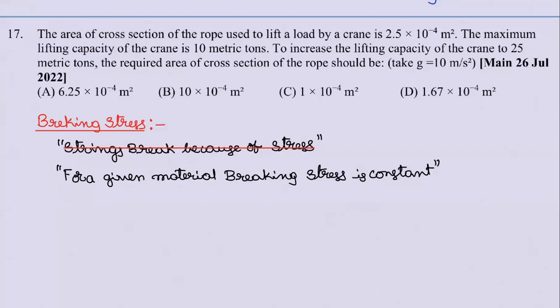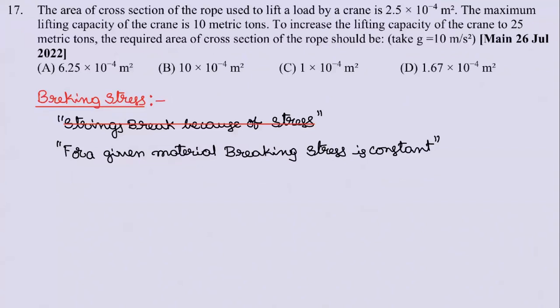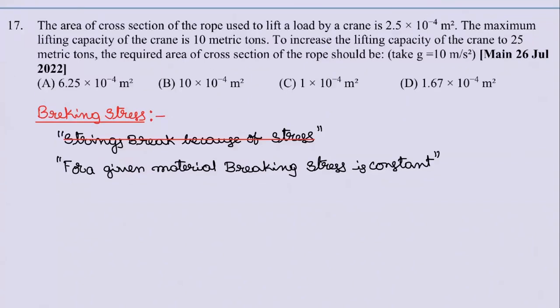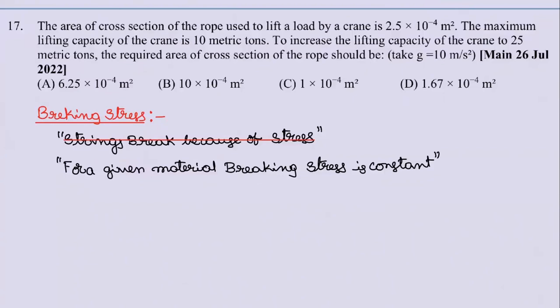Okay. So the core idea is that stress is the same. First case, second case, stress is the same. So what is the first case? Force is 10 metric tons. F1 by F2 is equal to, observe, concentrate here. Stress is the same. Stress is force by area. When stress is the same, it's simple proportionality.